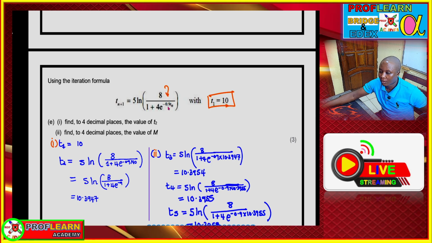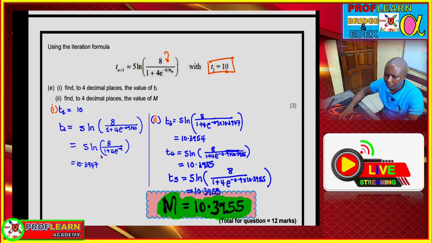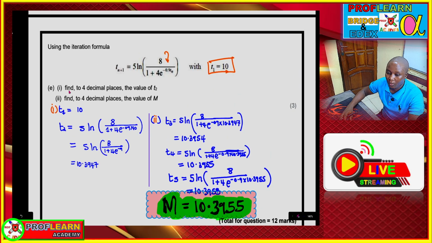Yeah, you are going to substitute it here. So if we substitute 10, this becomes negative 0.9 times 10, and that becomes negative 9, which means that if you put it in your calculator and work it out, you are going to get 10.3947.